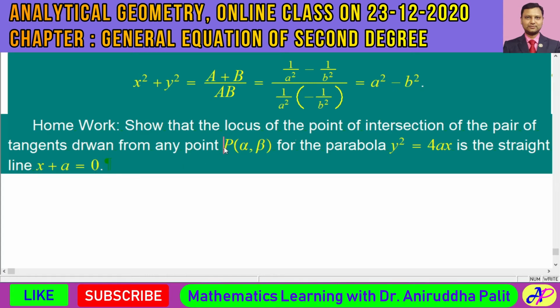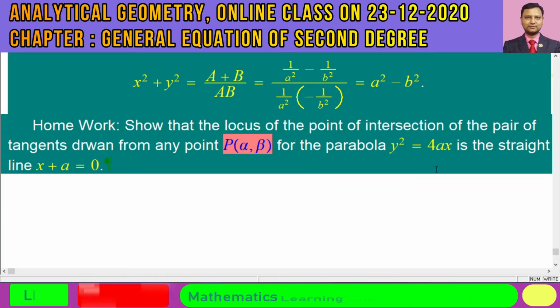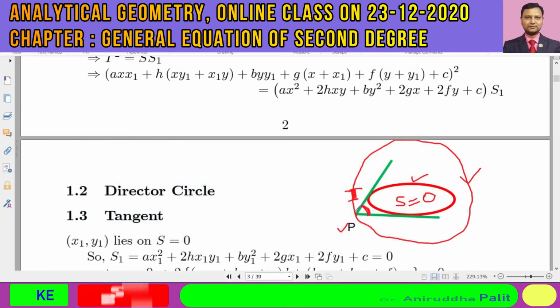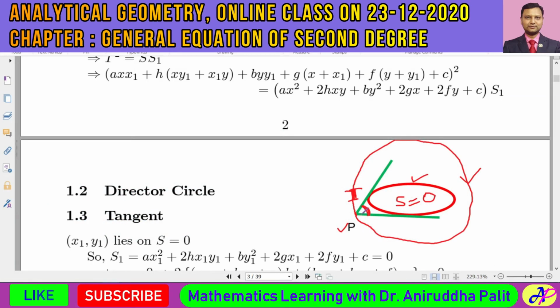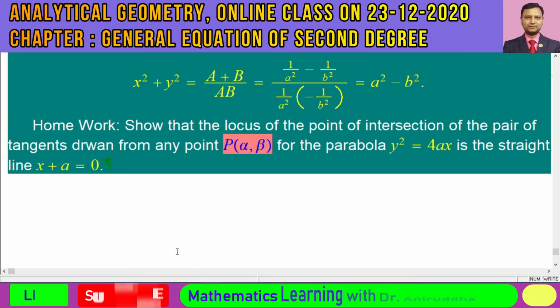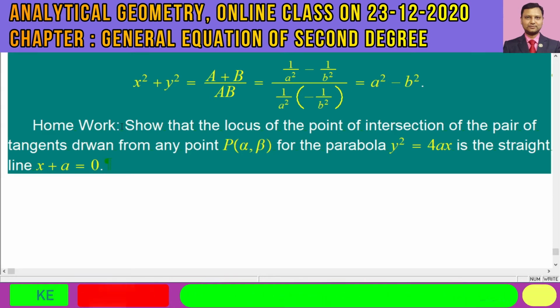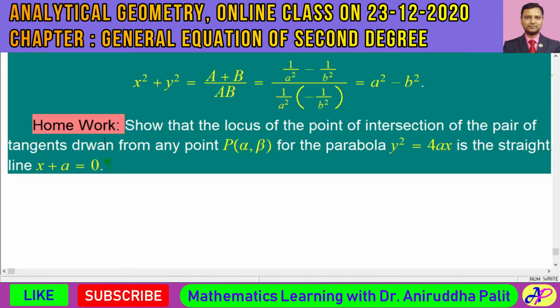So remember, this point P is not a point on the curve. This is actually a point situated outside the curve. That's why we are able to draw two different tangent lines. So sometimes the question comes in this fashion. Got it? So I am keeping this result as homework for you. All right.